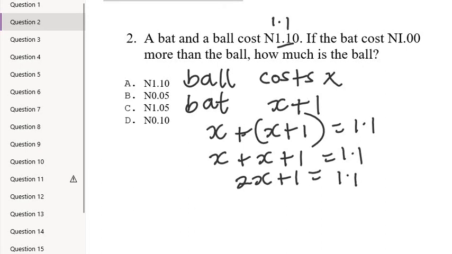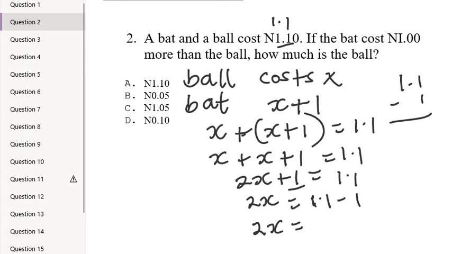Collect like terms. So I'm going to move plus 1 to the right hand side. 2x will stand alone equals, at the right hand side I'll have 1.1. As plus 1 crosses this equals sign, it changes to minus 1. So 2x will give me 1.1 minus 1.